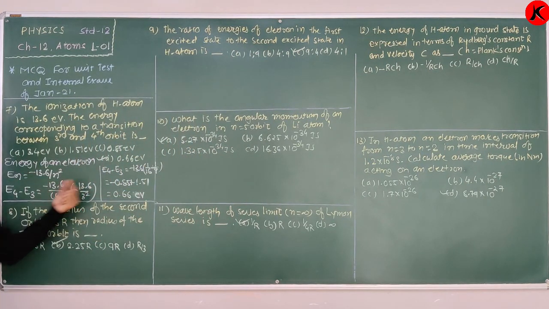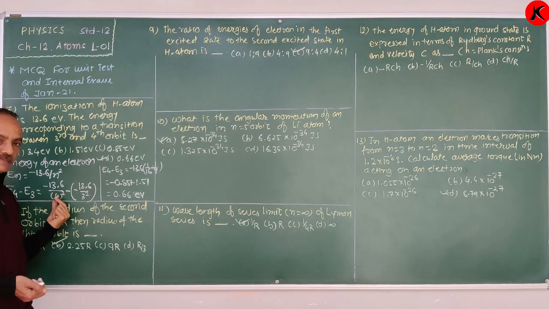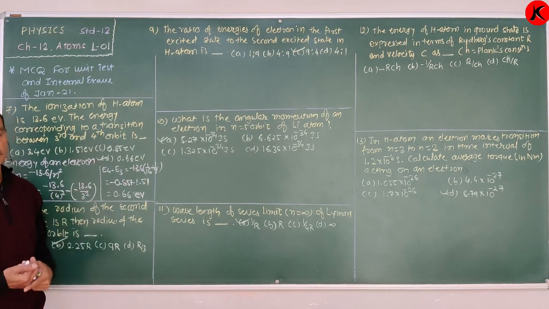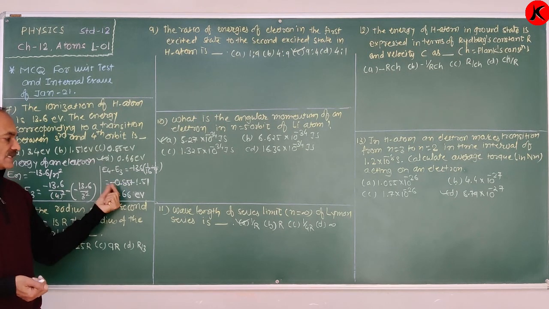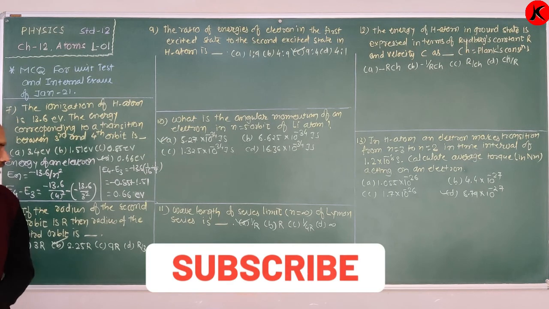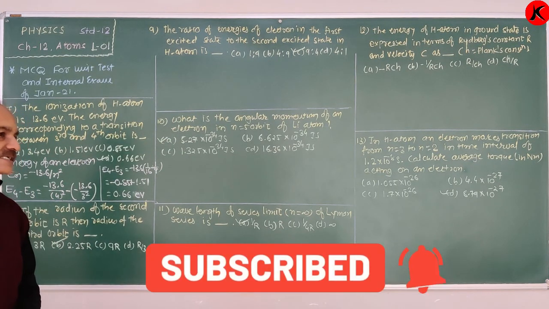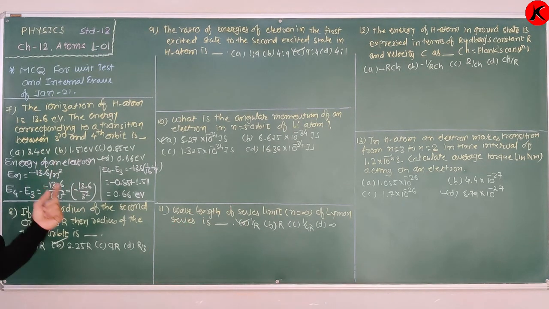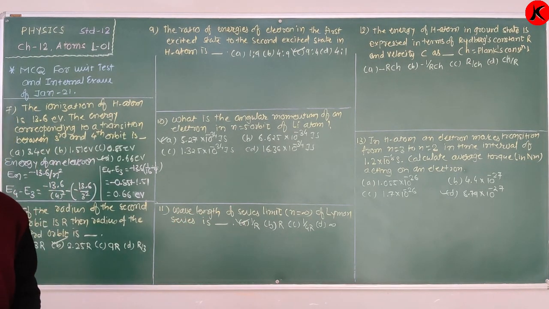Minus 13.6 is common, therefore 1 by 4 square, 1 by 16, minus 1 by 3 square, that means 1 by 9. Simplification gives minus 0.85 plus 1.51, therefore 0.66 electron volt energy is required to make the transition from third orbit to the fourth orbit.